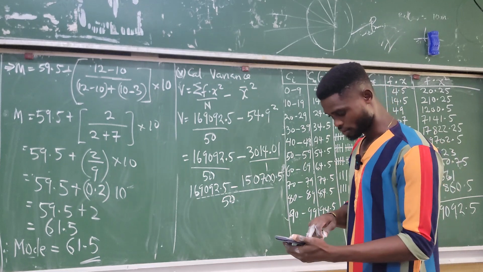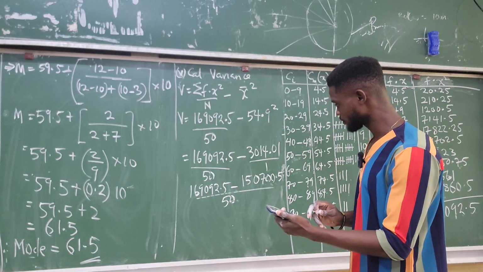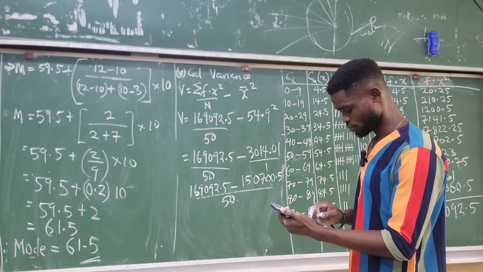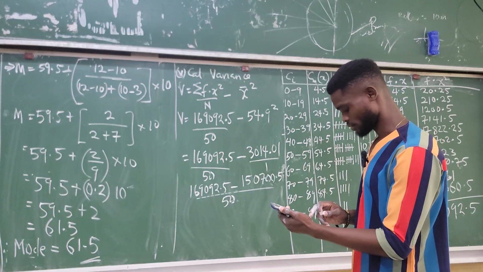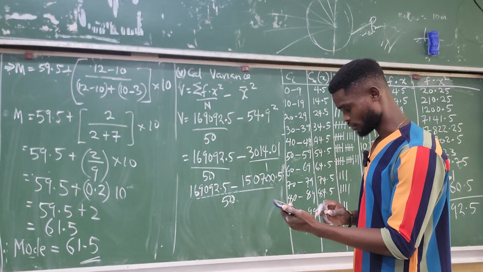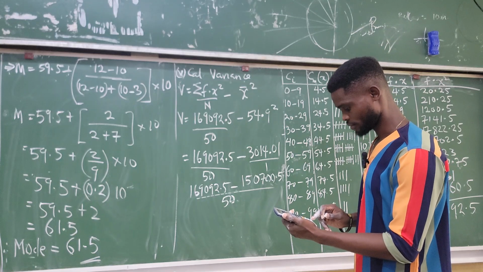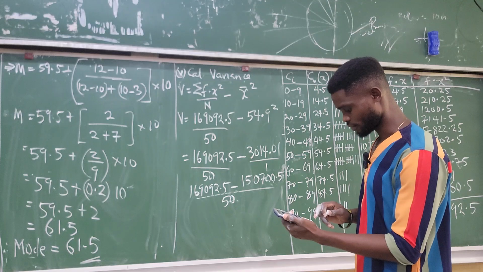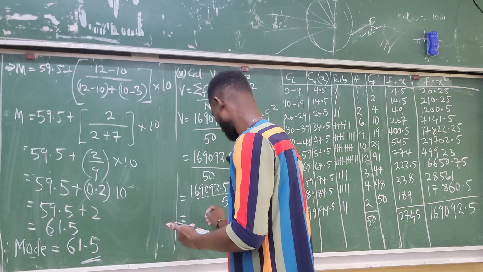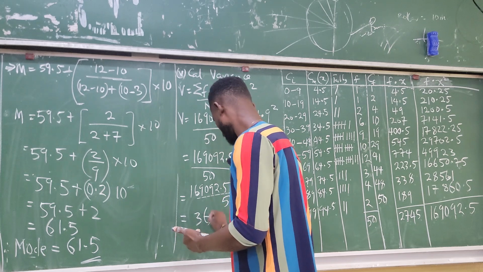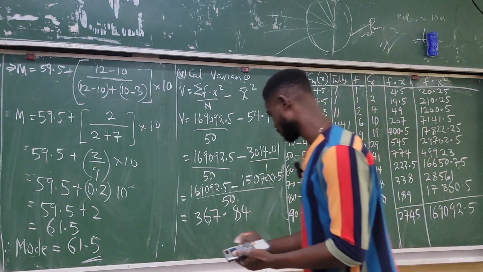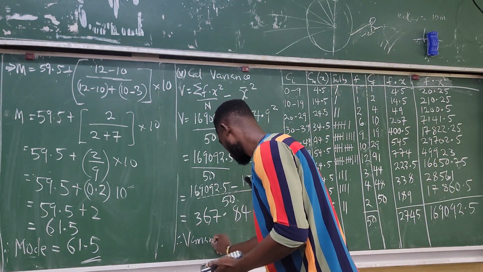So if you do that, we have 169092.5 minus 150,700.5 divided by 50. So we have our variance as 367.84.